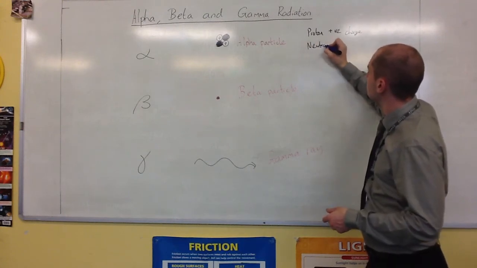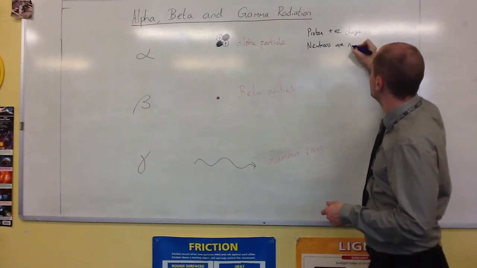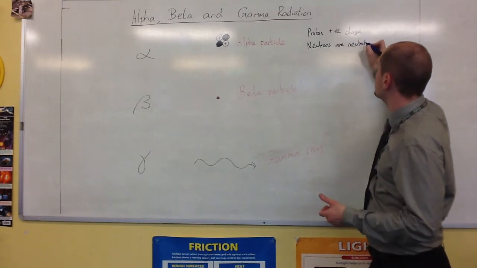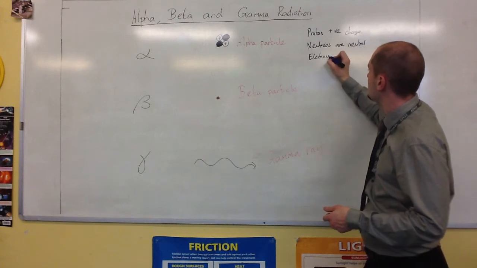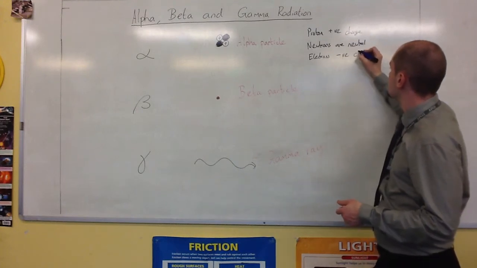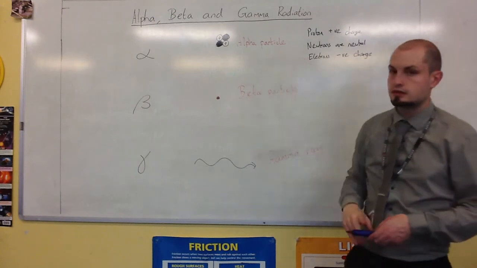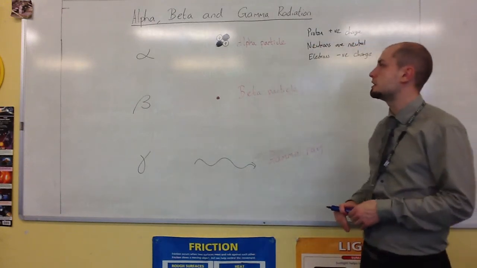Neutrons are neutral. That means 0 charge. And electrons have a negative charge. So we should be able to figure out the charges of these individual pieces of radiation.